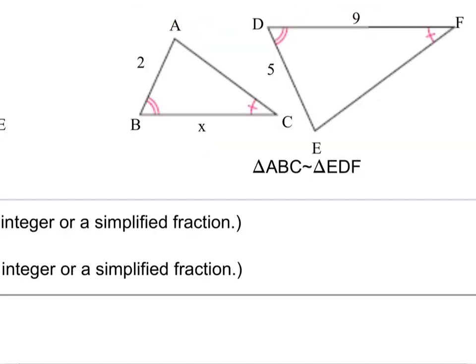Here's part B. Can you solve for x in that situation? Here's the x. They're telling us right here that these triangles are similar. So the main thing is you've got to find out who x matches up with in the bigger triangle on the right.